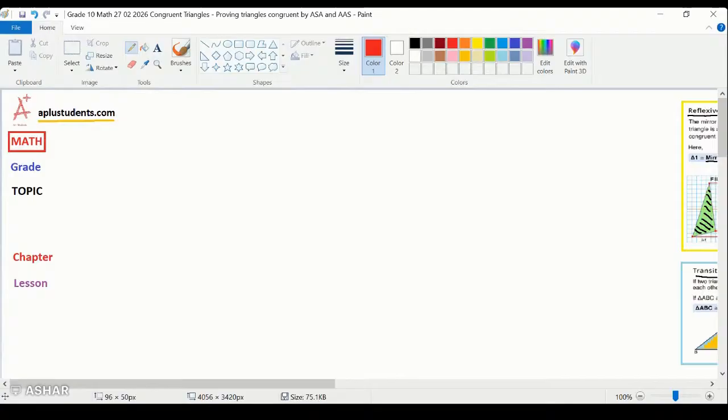Once you're on the website, you select math as your subject. This is a grade 10 maths lesson. The name of the topic for today is congruent triangles.